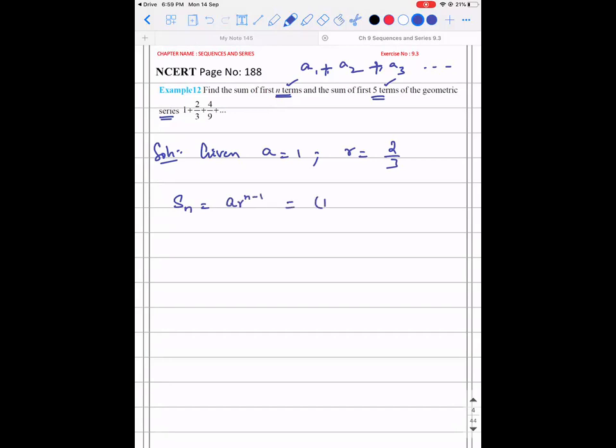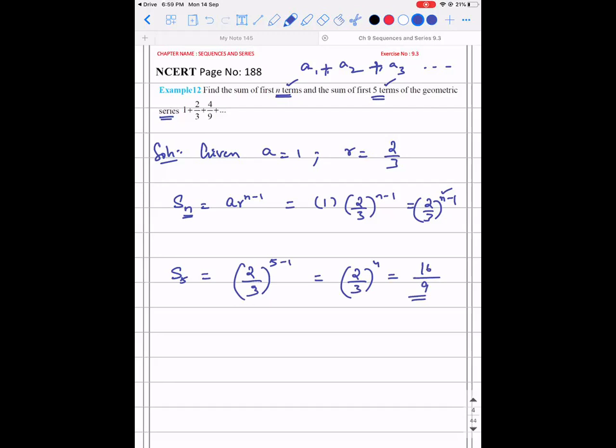A is 1, R is 2 by 3, power n minus 1. Accepted? So it is 2 by 3 raised to the power of n minus 1. What have they asked? S5. So S5 means in the place of n, substitute 5. 2 by 3 the whole power 5 minus 1. That will be 2 by 3 the whole power 4. What do you get? 2 power 4 is 16. 16 by 9 is the answer.